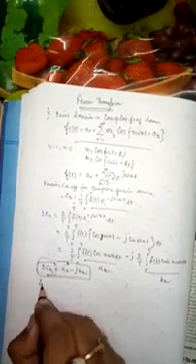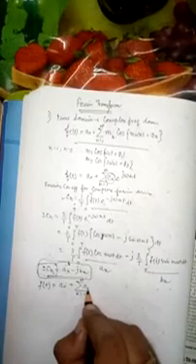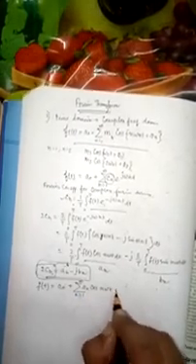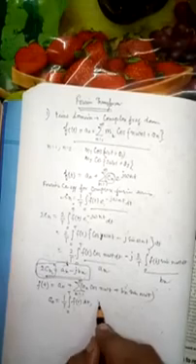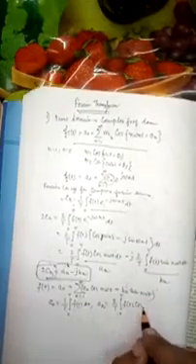Okay, so one Fourier series can be represented as f of t equals a0 plus summation of n equals 1 to infinity an cos n omega t plus bn sin n omega t, where a0 equals 1 by T integration 0 to T f of t dt, an equals 2 by T integration 0 to T f of t cos of n omega t dt, and bn equals 2 by T integration 0 to T f of t sin n omega t dt.